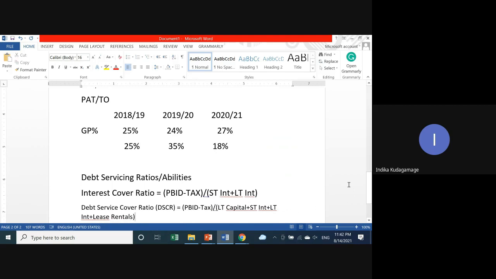Earlier you could take only the lease interest portion of the lease rental here. When you are taking the entire lease rental, you can take that out. This DSCR ratio indicates the company's ability to service the long-term debt.